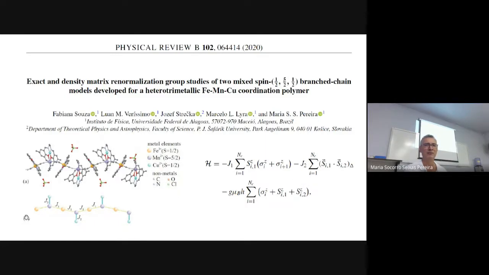So this is a typical alternating spin chain with a dangling bond connecting each one of the larger spin units.